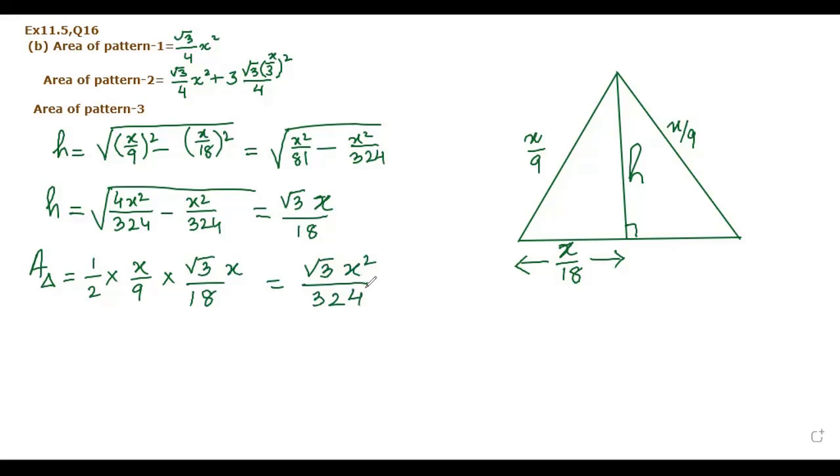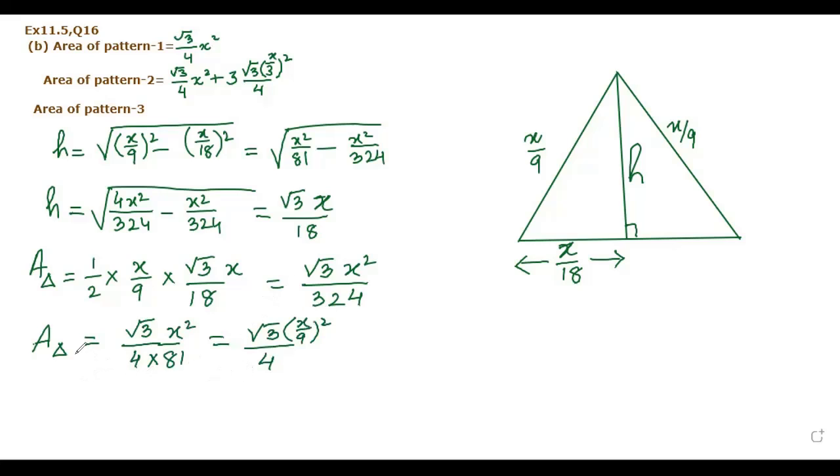But as a matter of fact, we have to make this a multiple of root 3 upon 4 x square, the first pattern. So how do we make it? This will become root 3 upon 4, and 324 is 4 times 81, so we can write this as root 3 upon 4 times x upon 9 whole square. So this is the area of one black triangle.